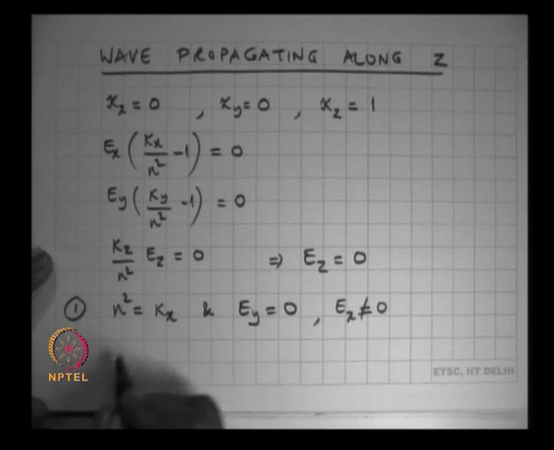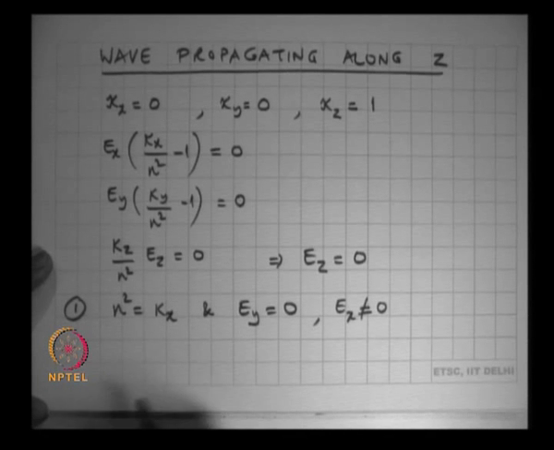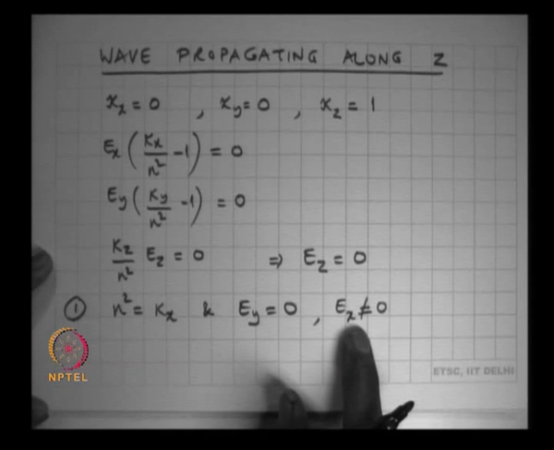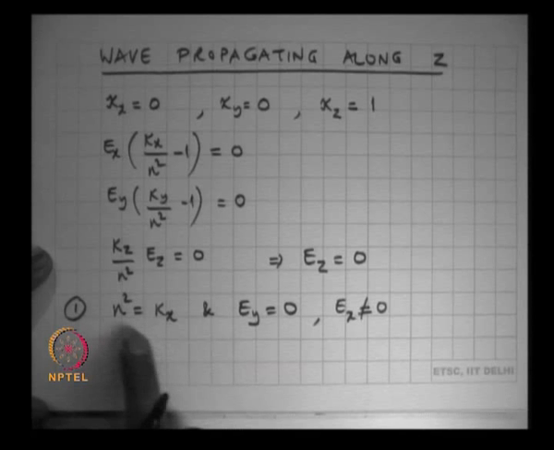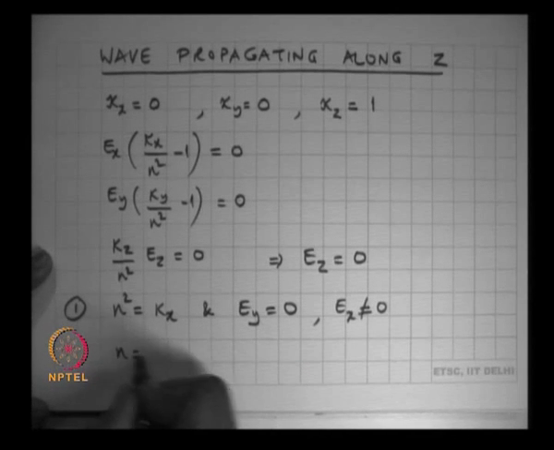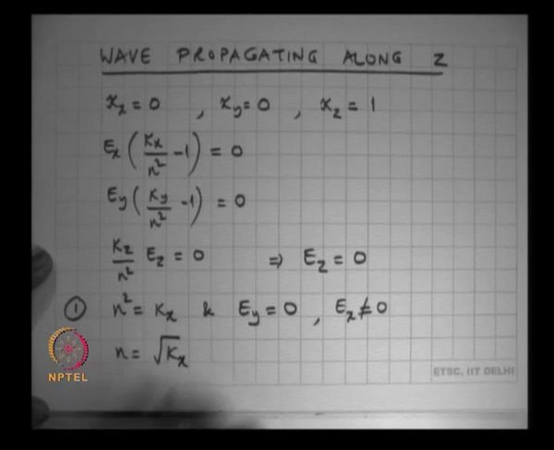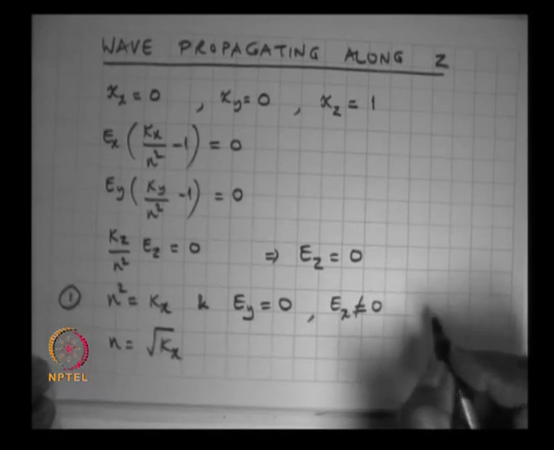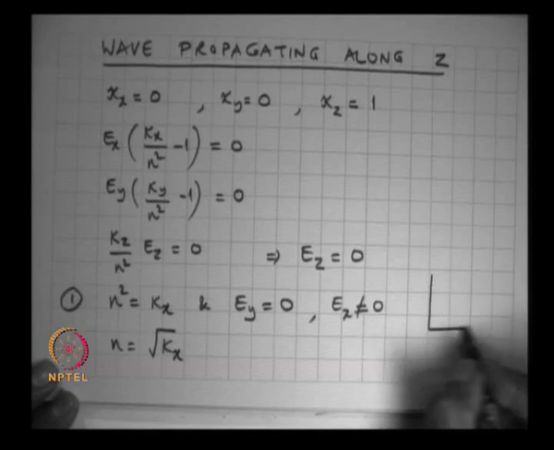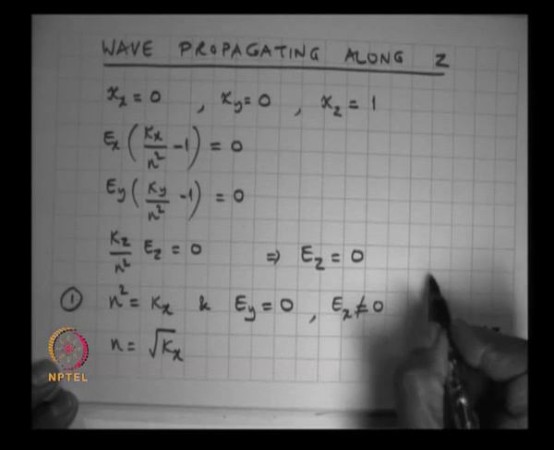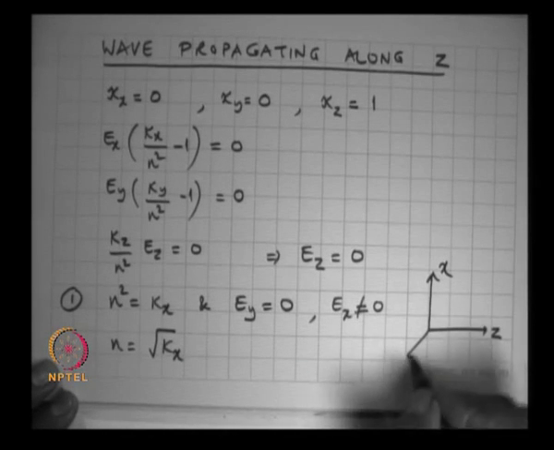So, the first solution corresponds to electric field along the x direction, and the corresponding refractive index as seen by this wave is equal to square root of kx. So, if I draw the axis here, this is z, this is x, this is y.